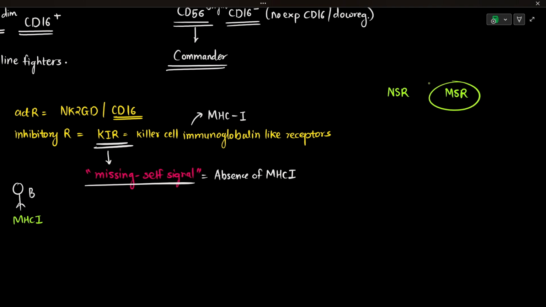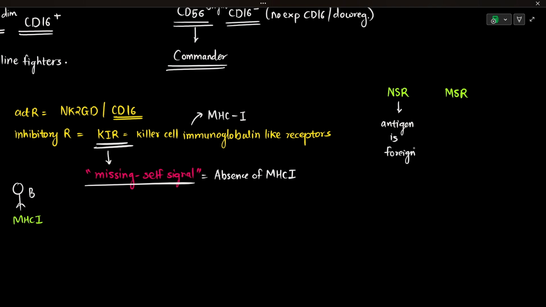Missing self recognition means recognizing that I don't know to which class of molecules this particular molecule belongs, but I certainly know that this is not a self molecule. I hope you're getting the difference between non-self and missing self. Non-self simply means that this particular cell type or antigen is foreign. Okay, so this particular antigen is a foreign antigen.